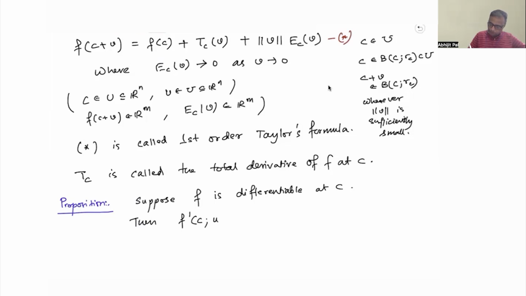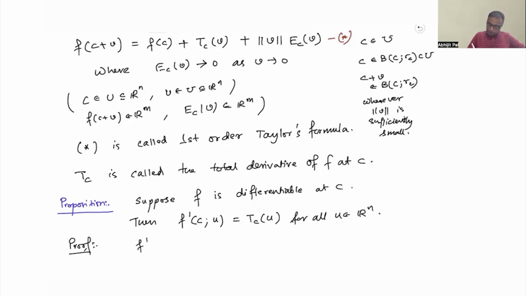So f'(c; u) is equal to T_c(u). This we are going to prove, for all u in Rn, for all directions u. So what is the proof of this?